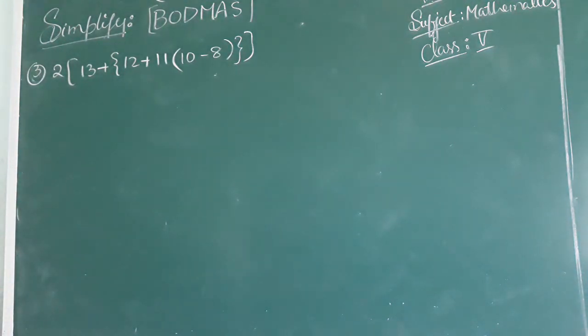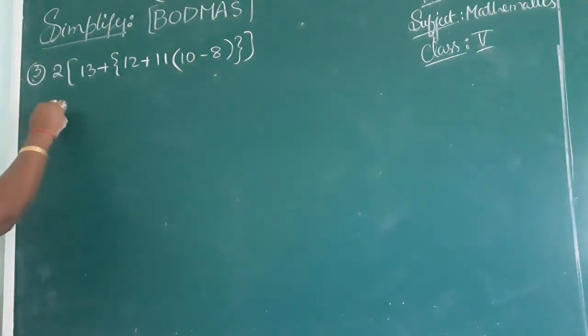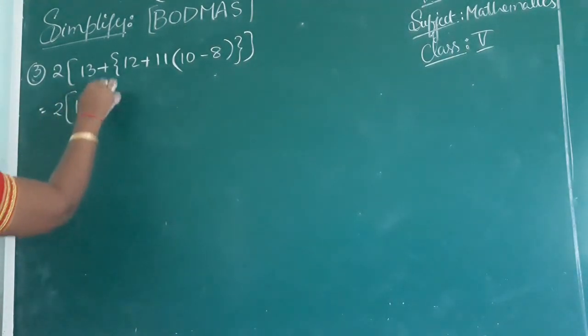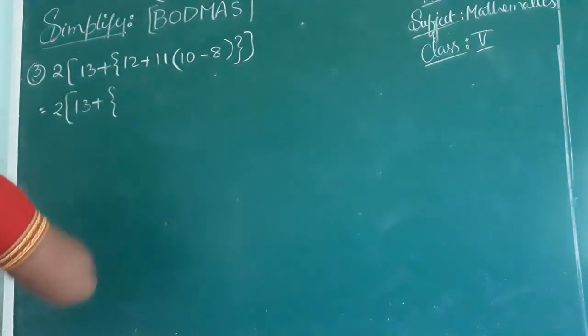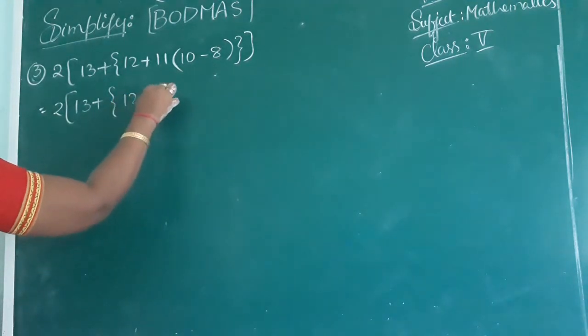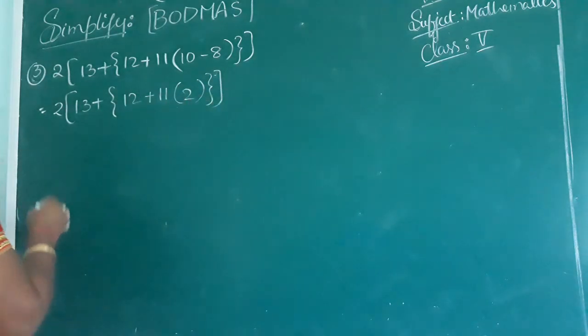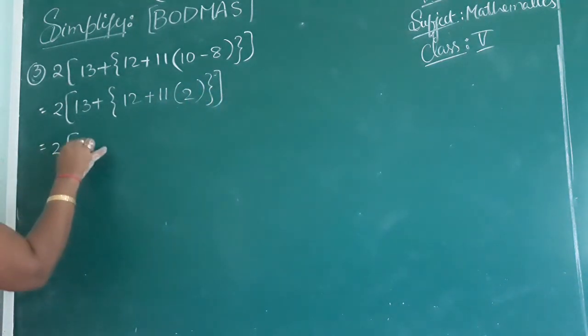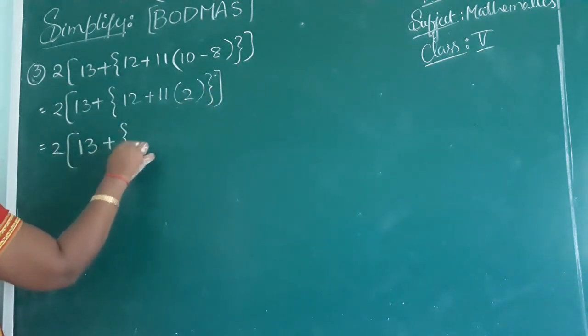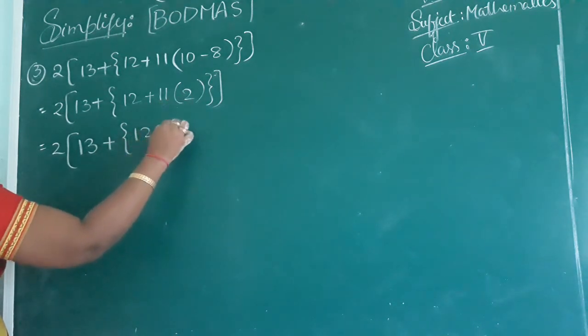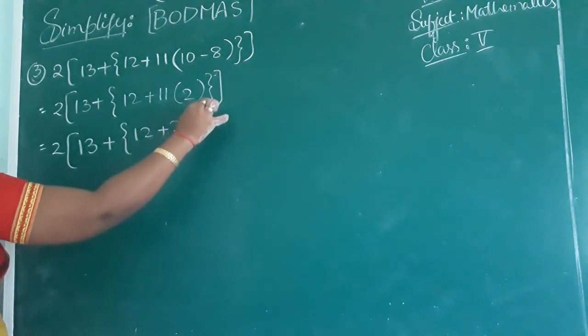Okay, see the sum. 2 of 13 plus curly bracket start 12 plus 11 of 10 minus 8, that is 2, curly bracket close and then square bracket. So 2 of square bracket start 13 plus 12 plus 11 twos are 22, curly bracket and then square bracket.